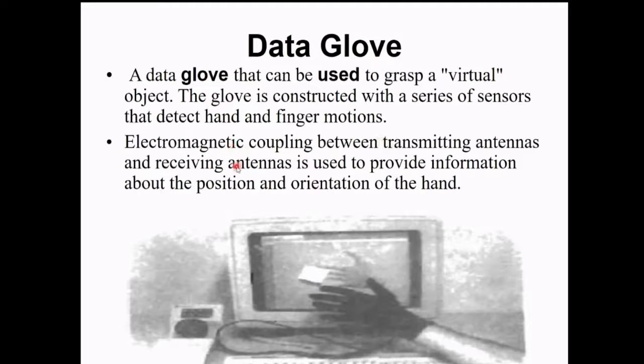Then what it says is that electromagnetic coupling between transmitting antennas and receiving antennas is used to provide information about the position and orientation of the hand. Many of you have seen the video of a character wearing a particular cloth that has some sensors or some kind of coordinates on it, and the same thing gets recorded at the other end in the computer.